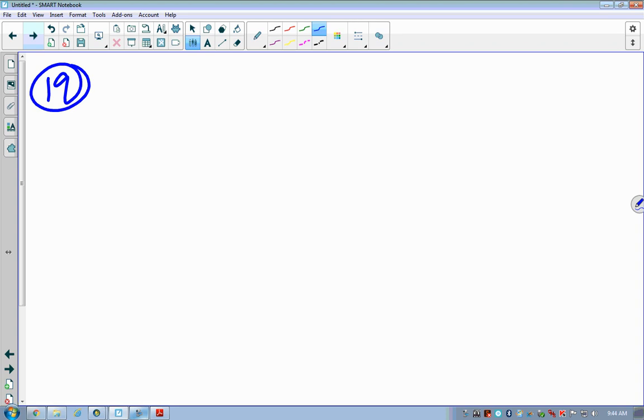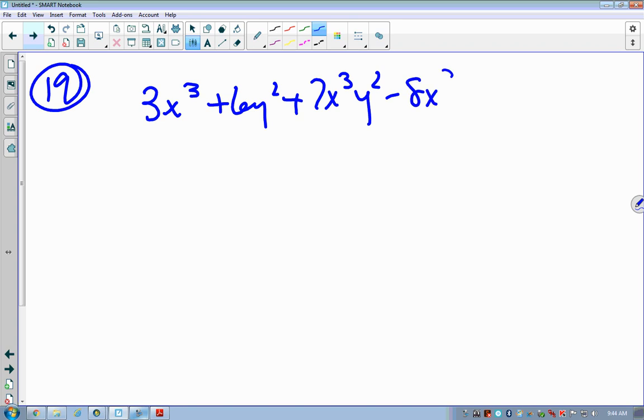19, we have 3x cubed plus 6y squared plus 7x cubed y squared minus 8x cubed minus 3x cubed y squared. We are combining like terms, correct?